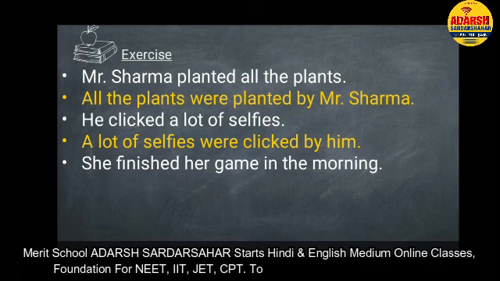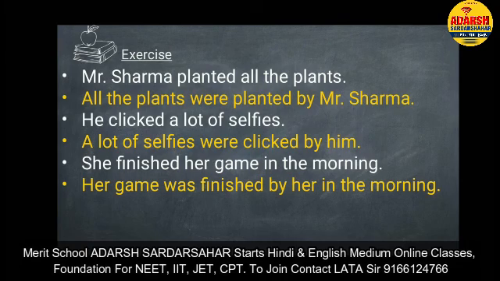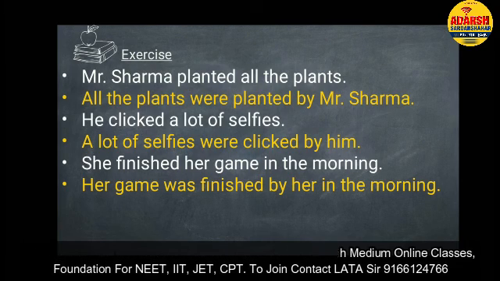And then according to fourth step, we put here by before our subject, and correct helping verb also according to our fifth step. In this sentence, her game is singular, so we are going to use was only. So now the passive of the sentence is her game was finished by her in the morning.